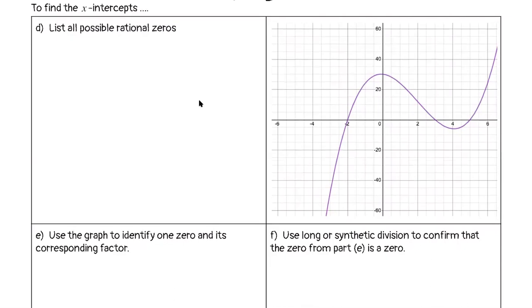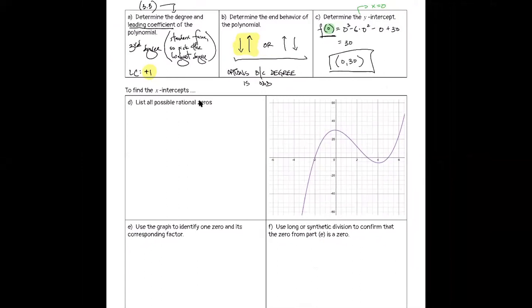We can see that our y-intercept matches with the one that we found above. But our big question is going to be, what are the x-intercepts? Because these x-intercepts are going to help us find the factorization of our polynomial.